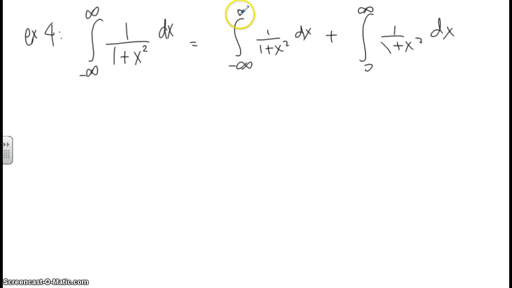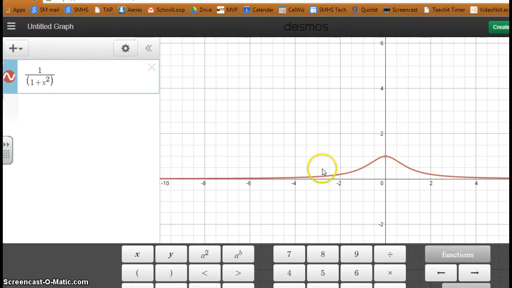So I'm splitting at a boundary, the constant x equals 0 here. Notice there are no asymptotes here, so it's a continuous smooth function because this will always be positive. X squared will never be negative 1, which is the only way we'd have an asymptote there. So the graph of this will look something like this. And of course the question is, will this area converge or diverge?